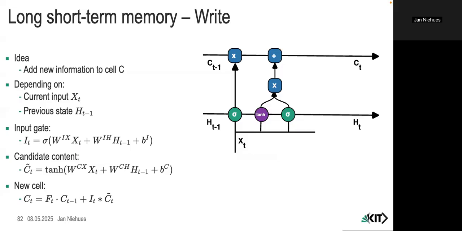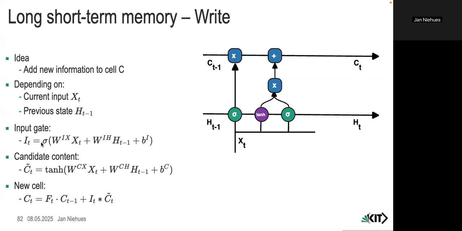The input gate is defined based on the current input and the current hidden state. You have again a feed-forward neural network based on that and the sigmoid. With this one, you decide now, should I write content to it or not? That's the one question. Once you have decided whether you write it or not, you have to decide which content I want to store in there.